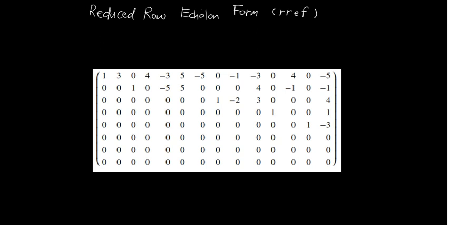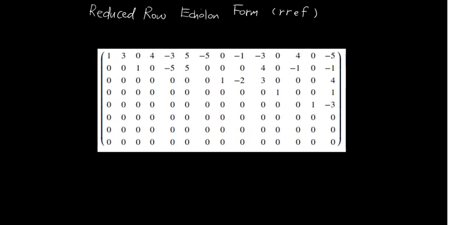Okay, so I want to emphasize again what the requirements of the reduced echelon form, an RREF, are. The first requirement is that it has to be stair-like. It looks like a stair. It means that you are walking from here and keep going down, and go down, and go down.